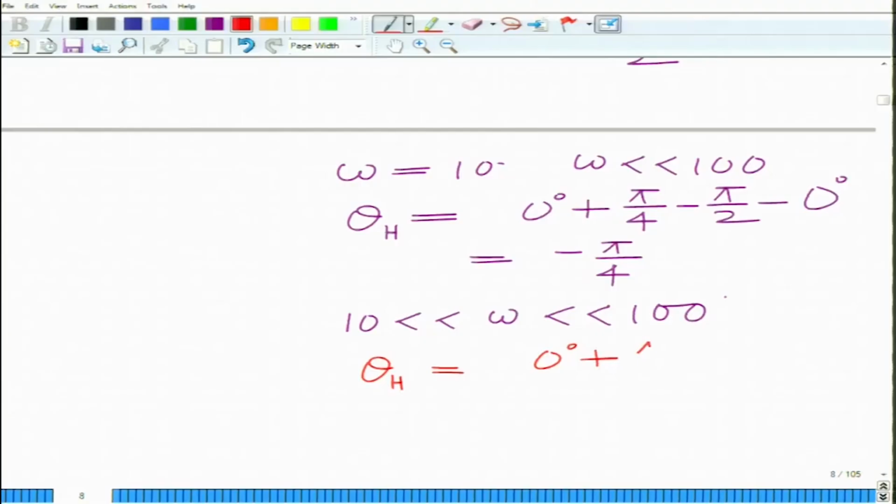So, from that component there is still 0, 1 plus j omega over 100. So, this is 0 plus pi by 2 minus pi by 2 minus 0 degrees, which is equal to 0.